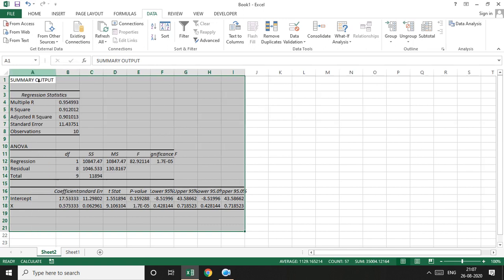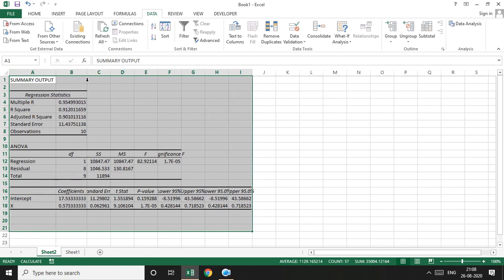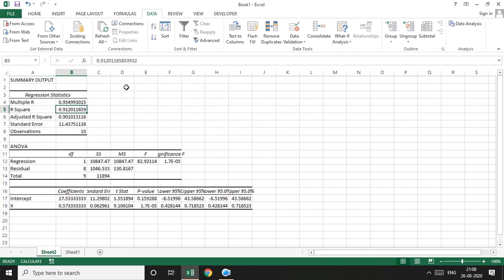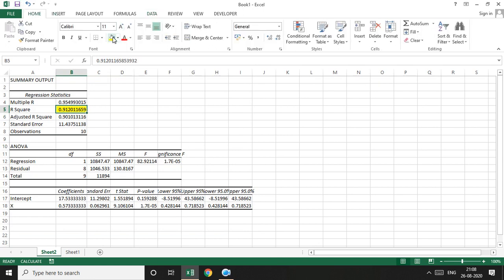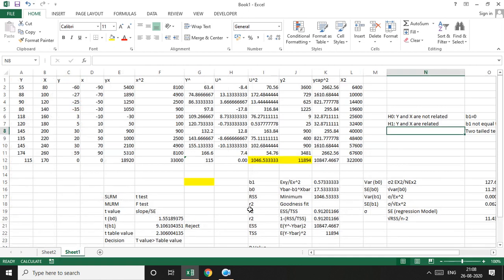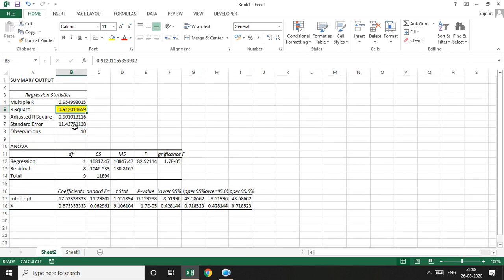Look at all the things that we have found given here. R square is 0.912. Look at what we have got. Now standard error 11.43.